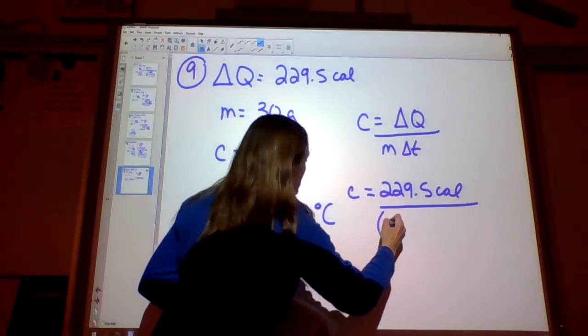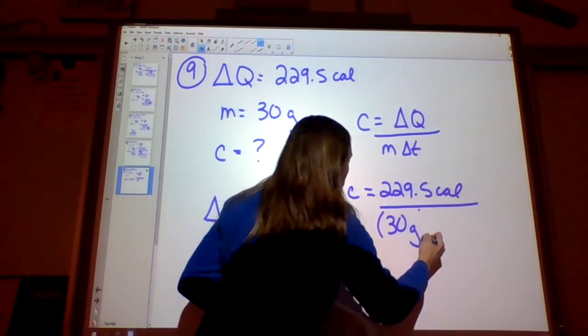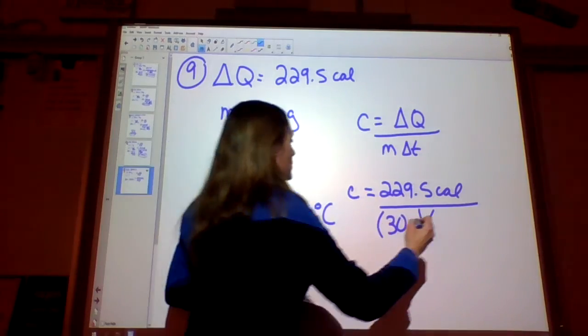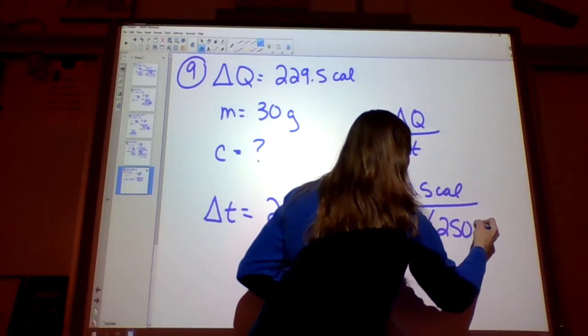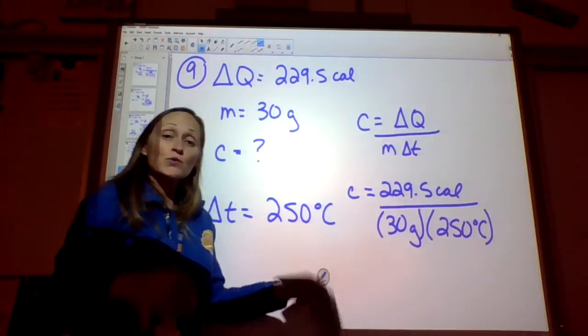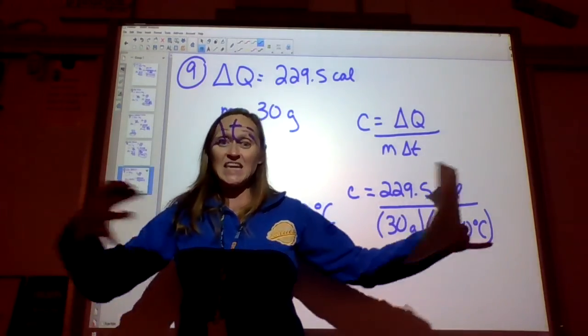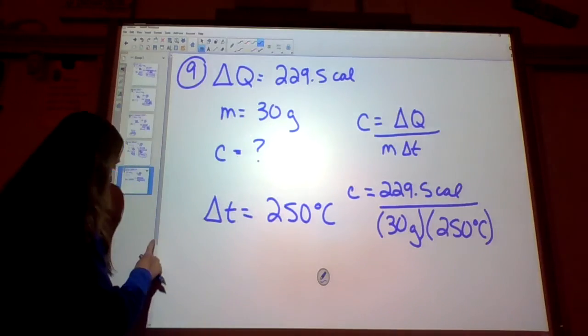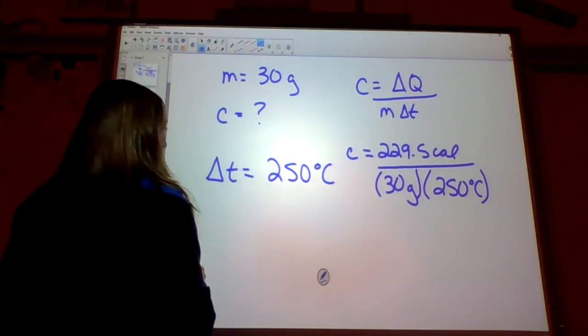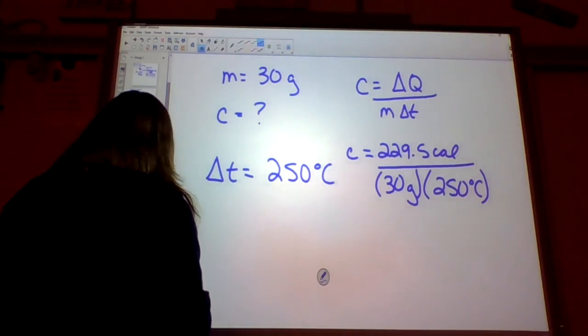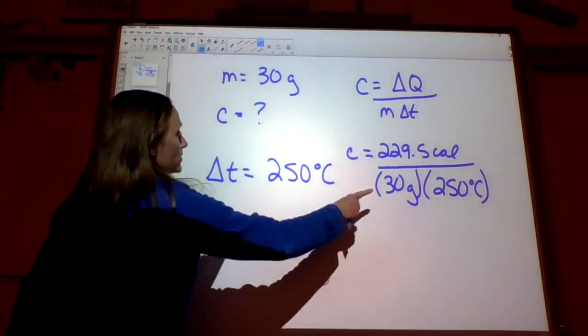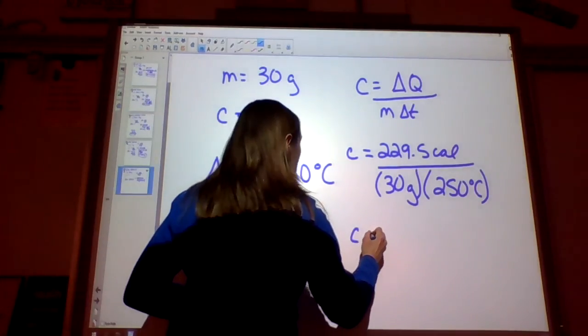Your mass is 30 grams. And your change in temperature is 250 degrees Celsius. So this time, your units are not going to cancel out, but they're going to come together to give you your specific heat. So the first thing we're going to do is we're going to multiply the bottom. So we're going to take 30 times 250.